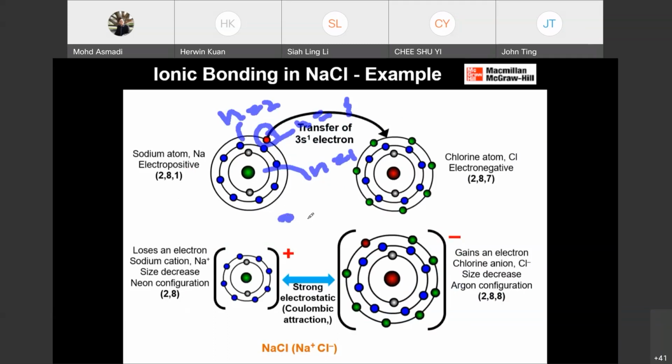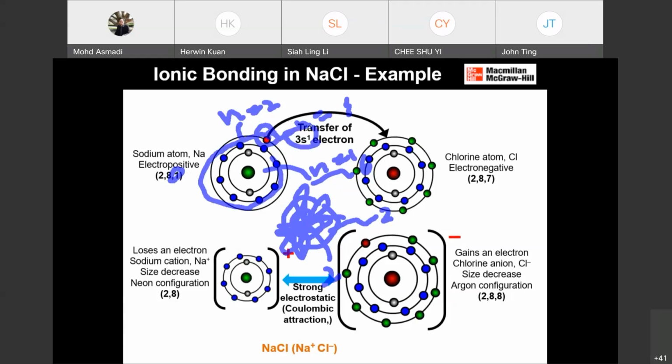If you still remember, it's going to be 1s, 2s, and also 2p. 2p should be this side, and also this side. This one can fill with 6 electrons, 2s, 2 electrons, 1s, 2 electrons. So 2, 2, 6, and another one, this one. Additional one: 1s 2, 2s 2, 2p 6, 3s 1. So three s, one electron.